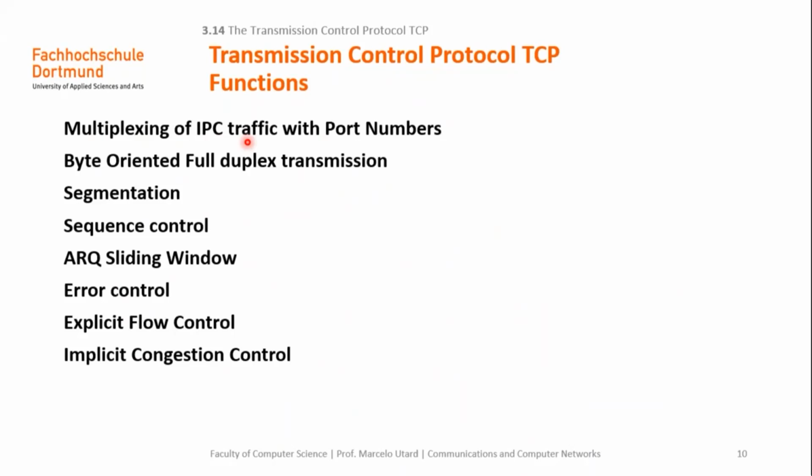TCP performs a segmentation mechanism: the bytes that need to be transmitted from one end to the other are grouped, filling what we call the different segments, and those segments are sent across the IP network, encapsulated into IP datagrams.